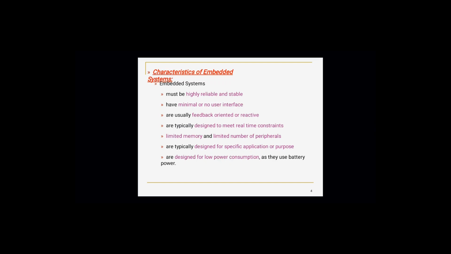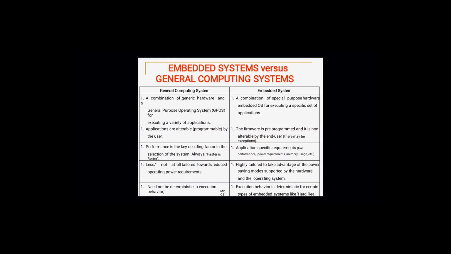Those are some characteristics. Then there is a difference they have discussed here in your textbook as per the syllabus: what is the difference between a general computing system, that is a desktop system as well as your laptop, and the embedded system? First thing is the purpose. Your computer systems are general purpose.